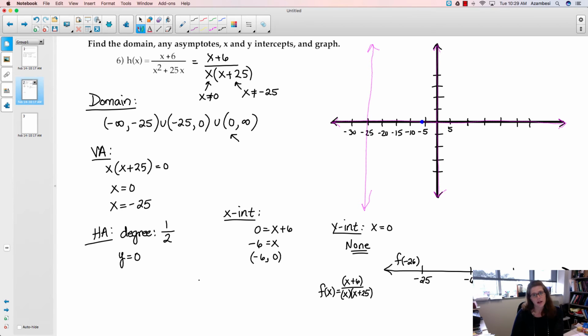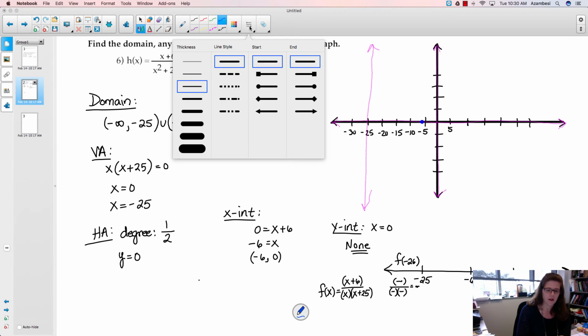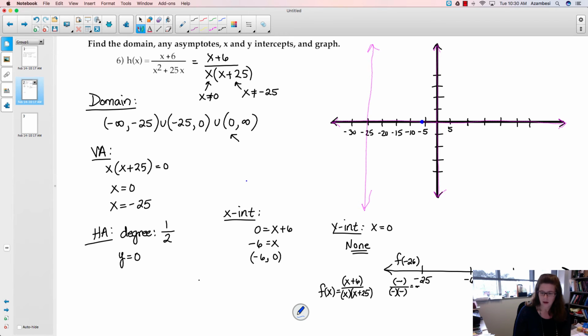So if I were to plug in negative 26, negative 26 plus 6 is still a negative value, so I have a negative on the top. On the bottom, negative 26 itself is negative, and negative 26 plus 25 is negative. So overall, 3 negatives give me a negative value, and that means that in the first region, which is to the left of negative 25, the function itself is negative, and it's restricted to this region here.